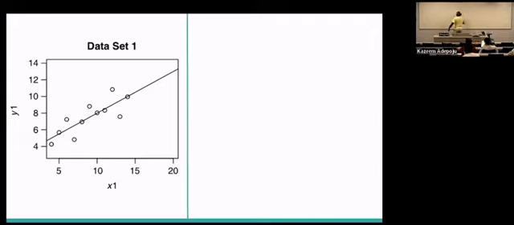What you do at the preliminary stage, when you are seeking to investigate the relationship between two variables, is to generate a scatter plot. That is the first thing you're going to do.